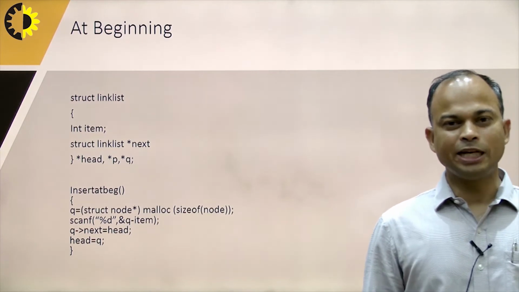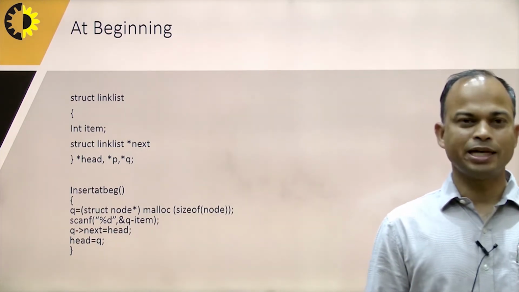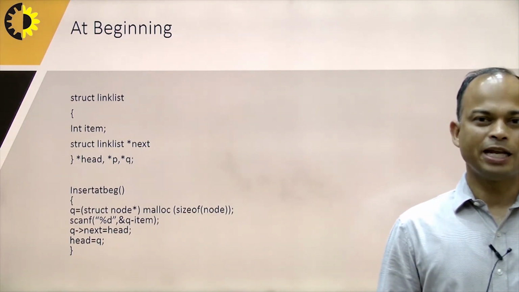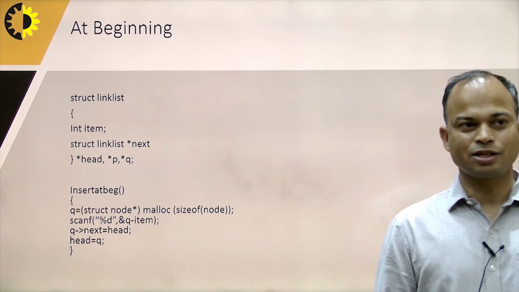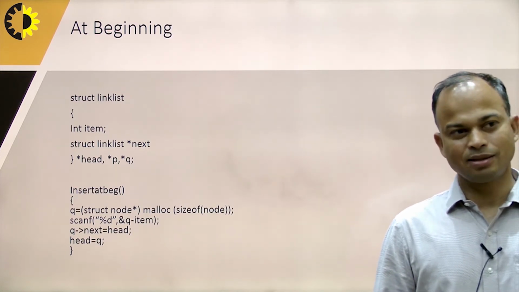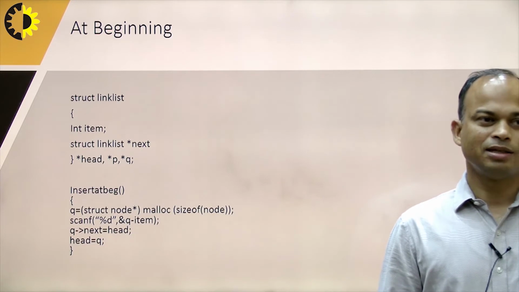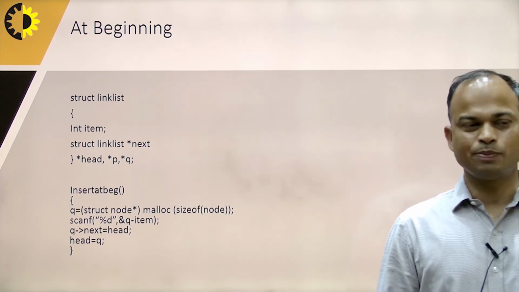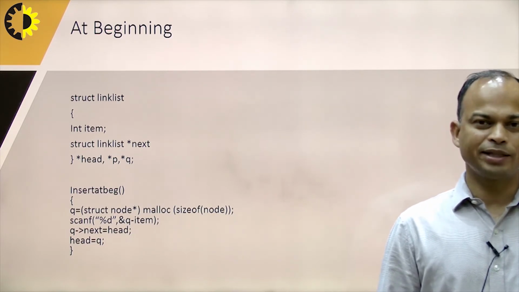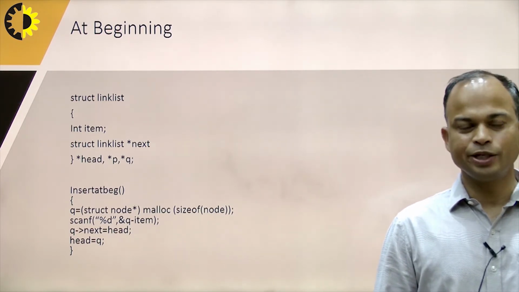And this is the complete code for the insert operation at the beginning. We are creating the linked list structure, with an integer item part and a struct linked list next part, and we have three pointers: head, p and q.